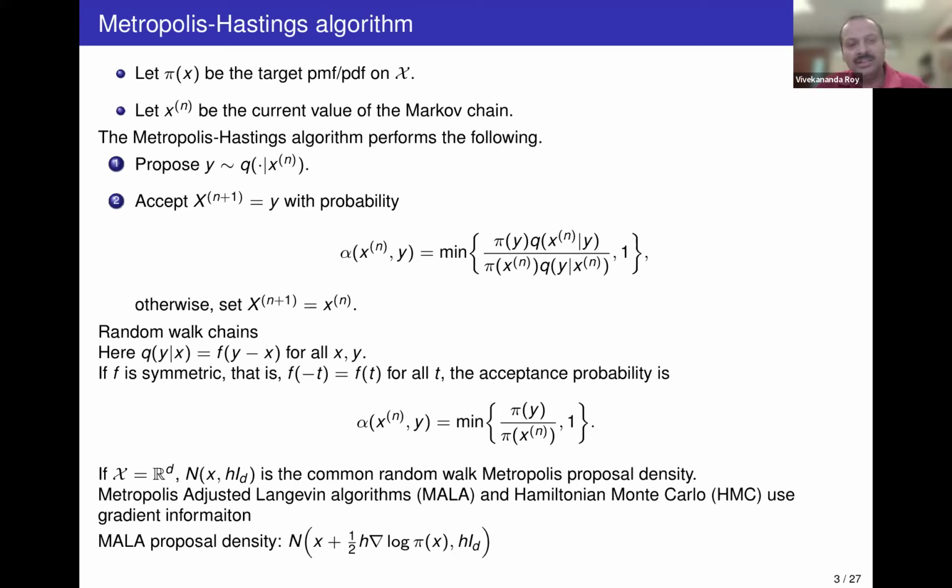For example, the mean of the MALA proposal involves the gradient of the log target. Similarly, the Hamiltonian Monte Carlo also involves the gradient of the log target. And the hope is that by doing that, the Markov chain is going to move towards the higher density, higher mass area of the target more quickly.